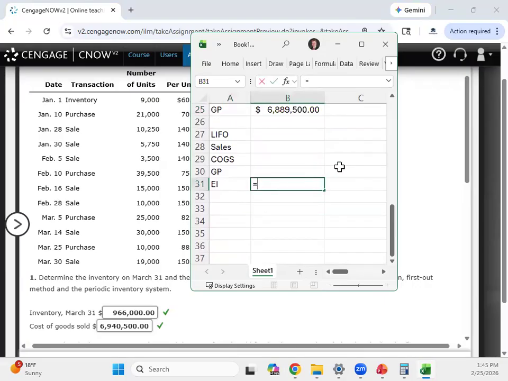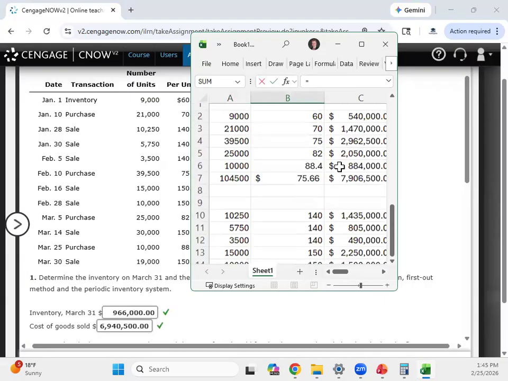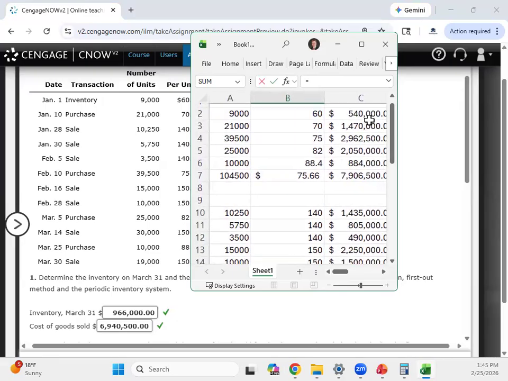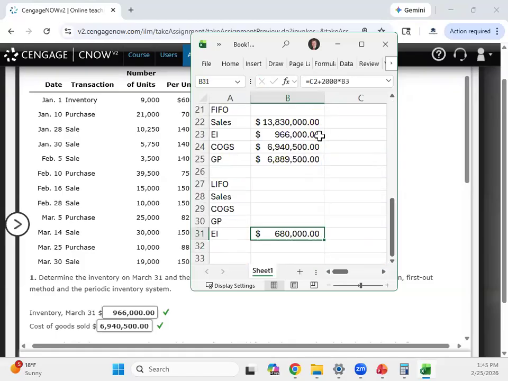Our ending inventory is going to be the entire balance of beginning inventory, which is 9,000 times 60, plus 2,000 times $70, because that was the second purchase. And so our ending inventory is 680,000.